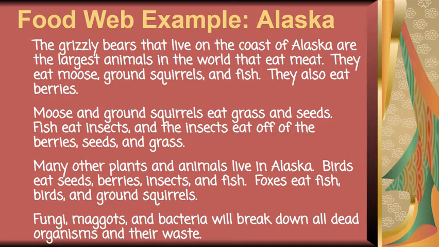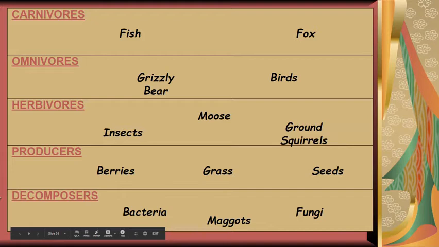To simplify this, when we're placing organisms on the trophic levels, we only want to use the information given in the passage. So we're going to be specifically focusing on the information that we're given. And this is how we would place the organisms from that passage.